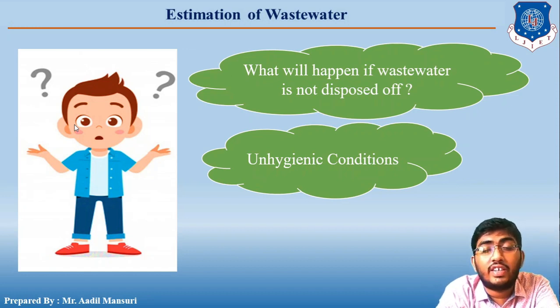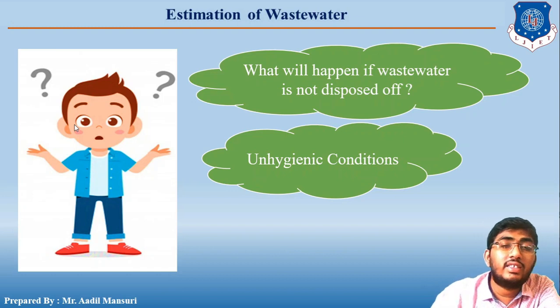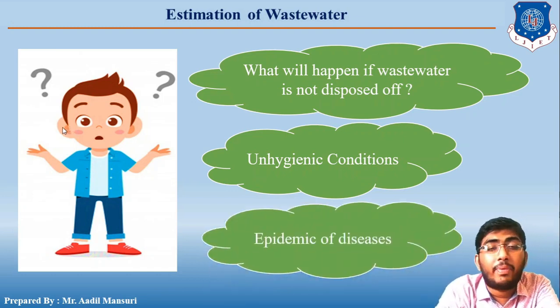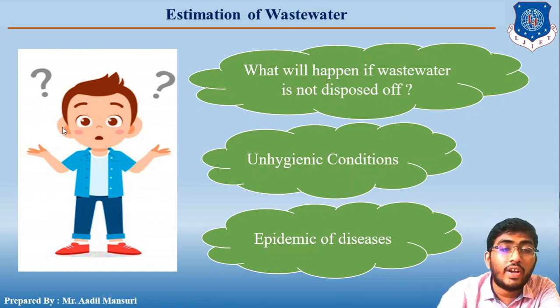These unhygienic conditions will lead to the growth of flies and mosquitoes and insects or microorganisms, and as a result there will be epidemics of diseases. So it is extremely important to dispose of wastewater generated.